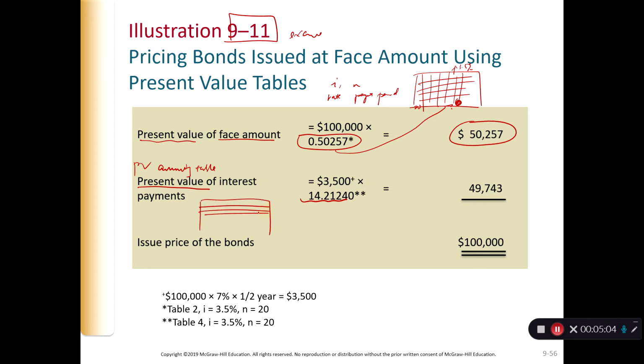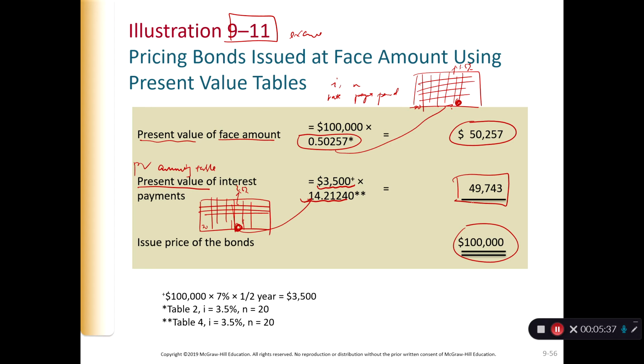You will find the rate at 3.5% and 20 periods. In the present value of annuity table, this is 14.21250, and then you have $3,500 for the installment payment, or annuity, for 20 periods. Therefore, the present value of the interest payments is 49,743. So the issuing price of the bond is $100,000.